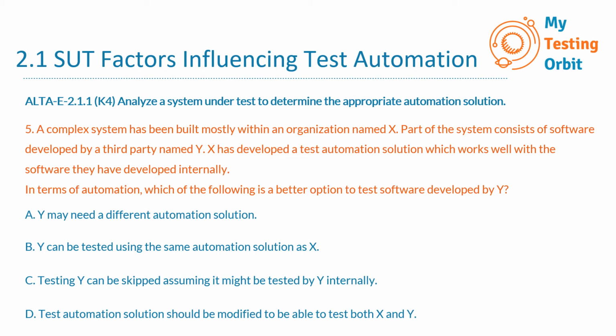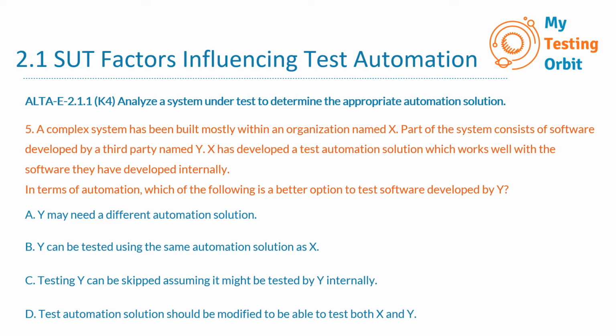So in order to automate that testing as well, the first option is Y may need a different automation solution, which seems to be correct because it was not developed internally, it was developed by a third party, and the test automation solution which you developed for your organization might not apply to the software which was developed by a third party.